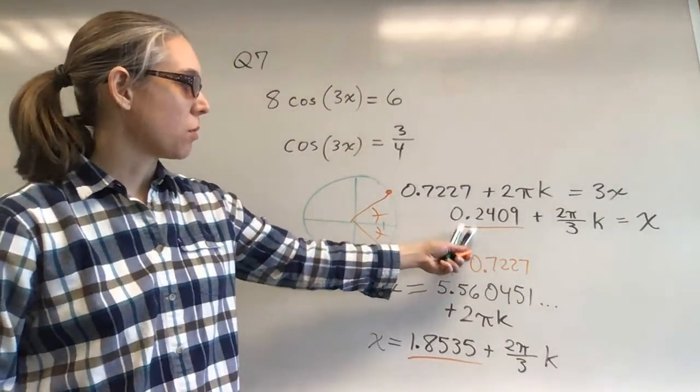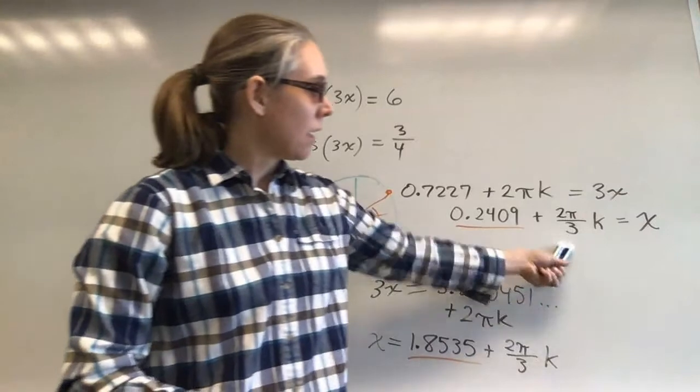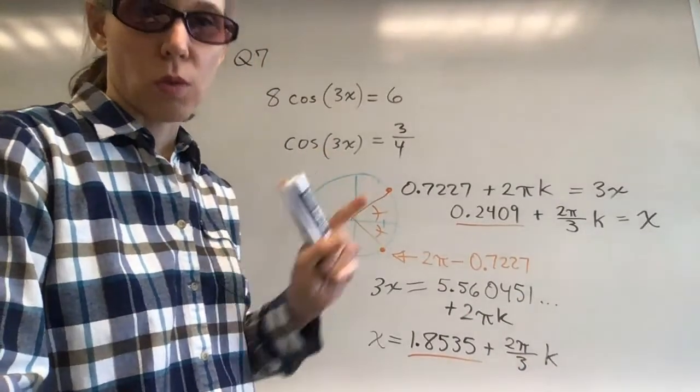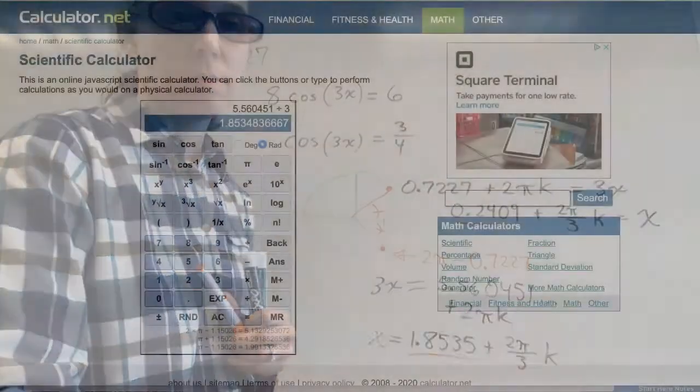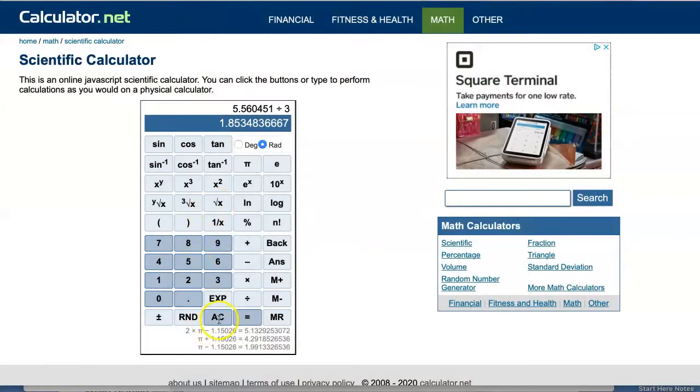So I'm going to take the 0.2409 and add 2 pi thirds, 1 copy of 2 pi thirds. So take the 0.2409 and add to that 2 pi thirds, and I have now 2.3353.